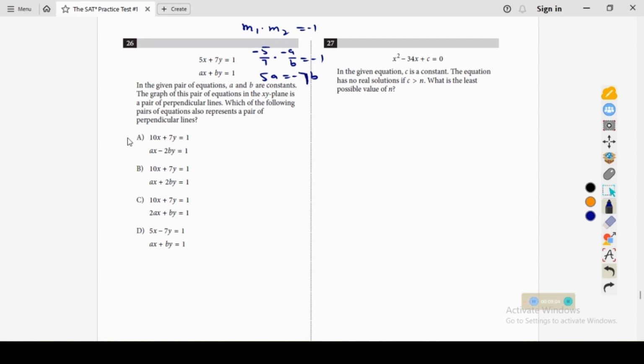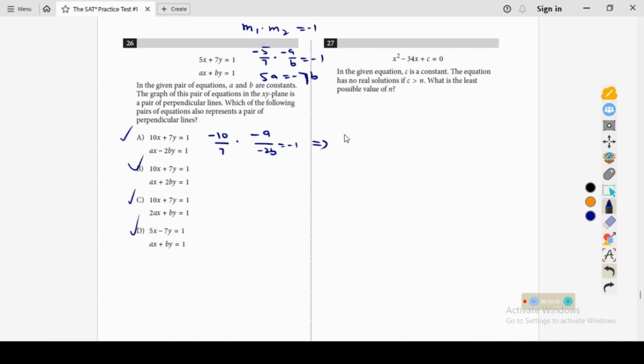Okay, now let's see which of these four pairs of equations have this relation. From the first option, the product of slopes is -10/7 times -a by -2b equals -1.